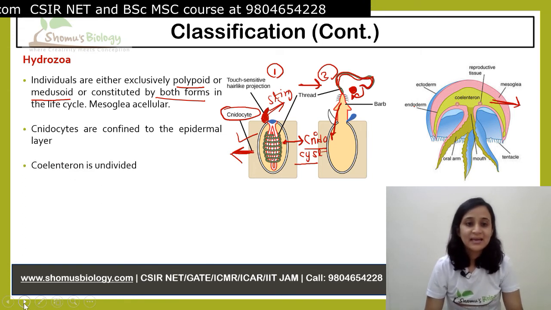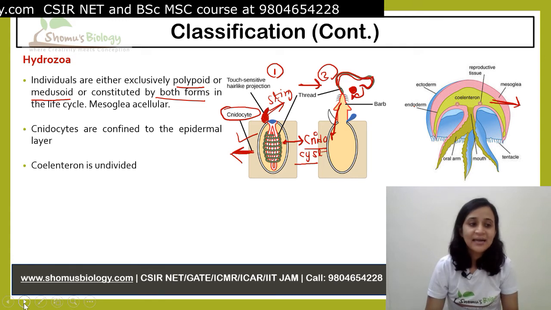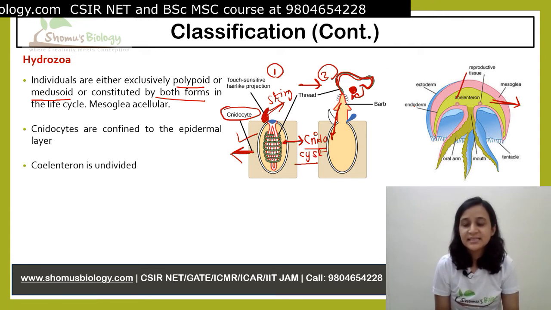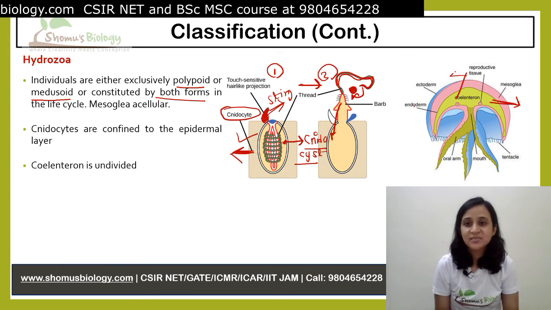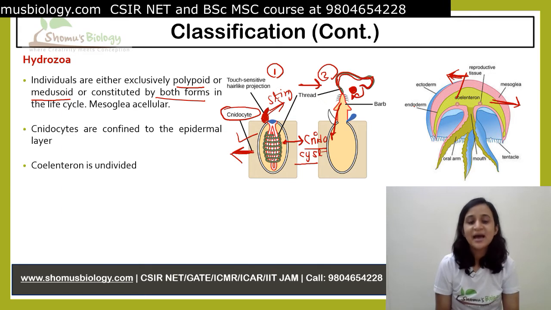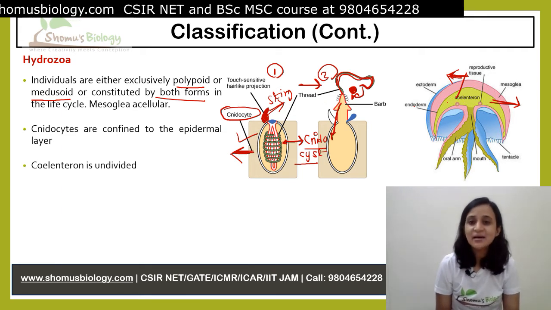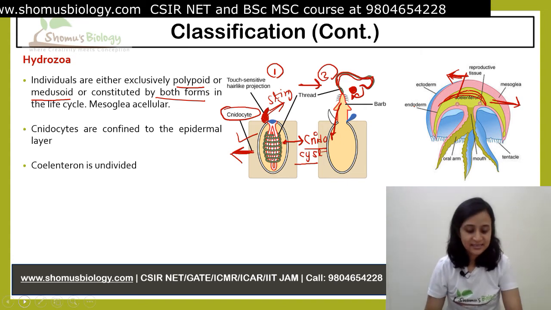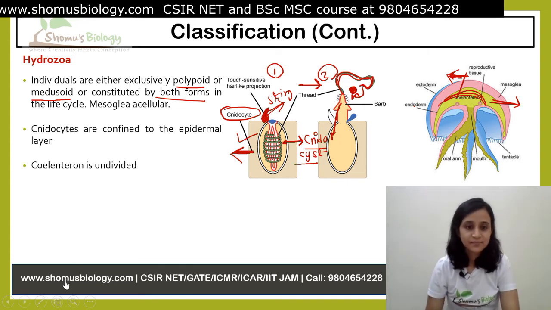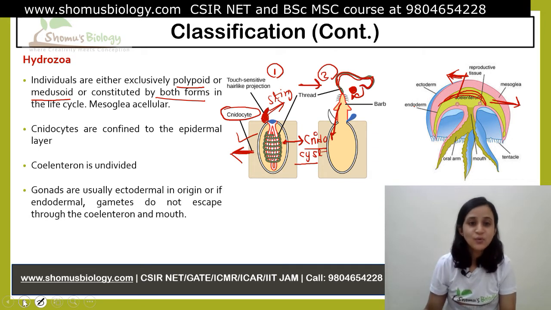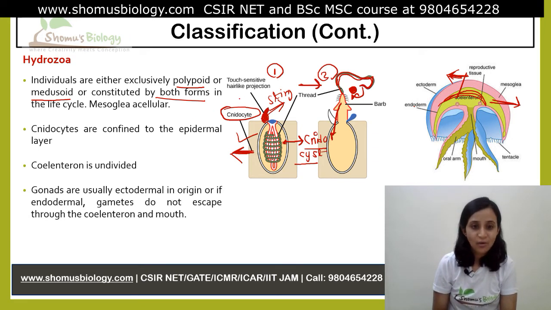Okay, and the coelenteron is undivided. This is the cavity-like space, and it is undivided because it has only one cavity and it is not divided at all. Gonads are usually ectodermal in origin.